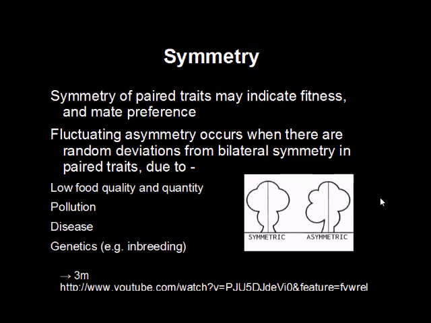So you look at us, you split us down the middle, and our right side and our left side look pretty much the same. But if you look closely, there are differences. And why might some small differences be there? Some things that can cause these deviations could be low food quality and quantity, pollution, disease, maybe genetics. So it can be caused by things that are a problem.